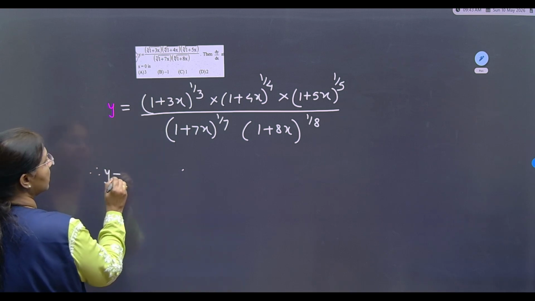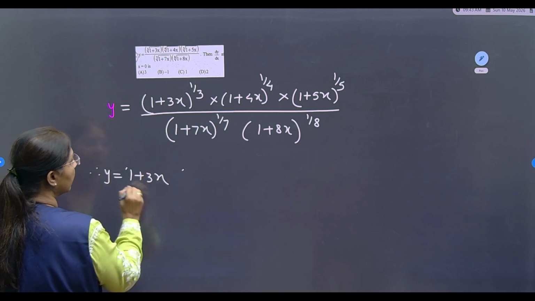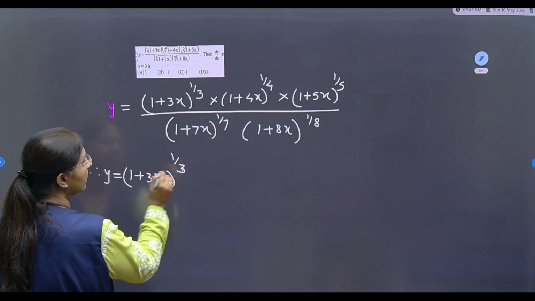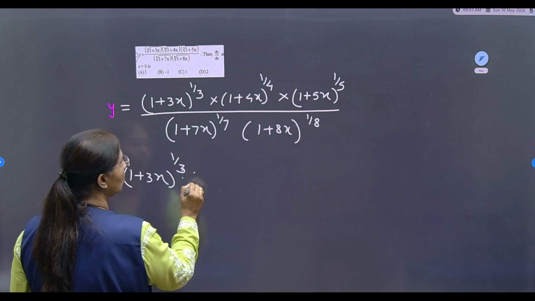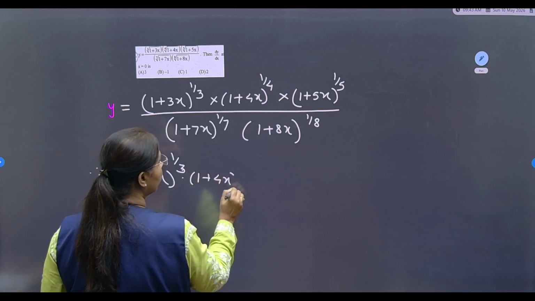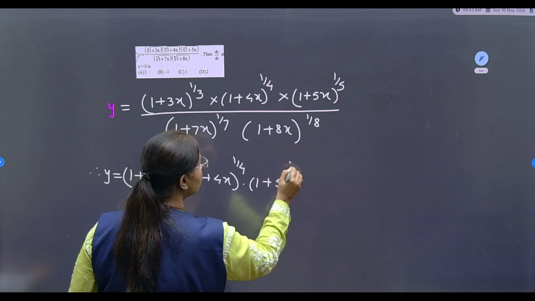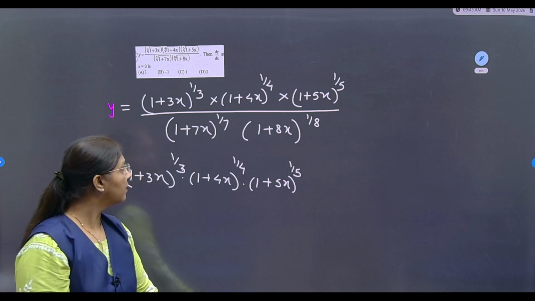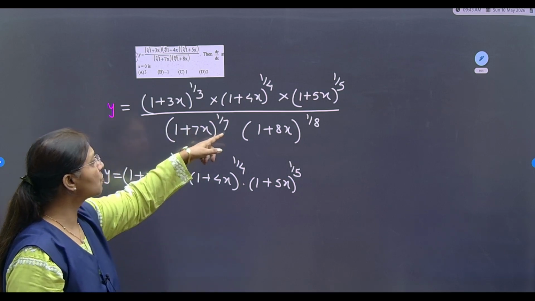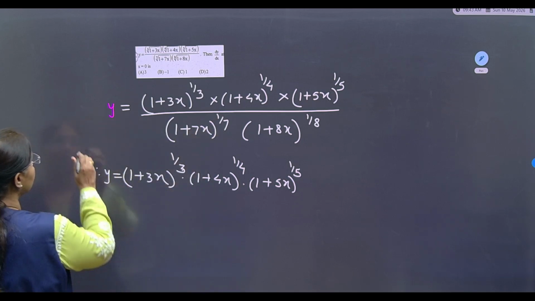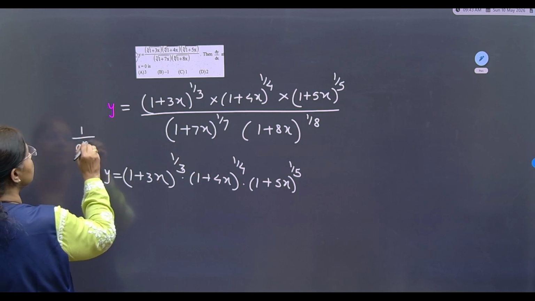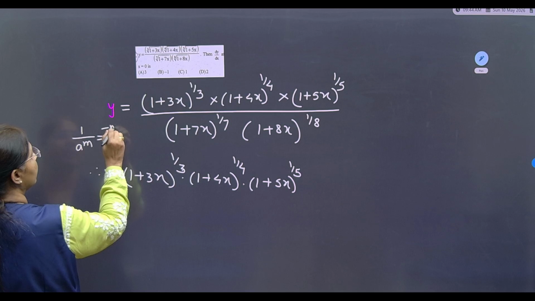Here our steps: 1 plus 3x raised to 1 upon 3, into 1 plus 4x raised to 1 upon 4, into 1 plus 5x raised to 1 upon 5, and 1 plus 7x raised to 1 by 7. We know that 1 upon a raised to m is equal to a raised to minus m.